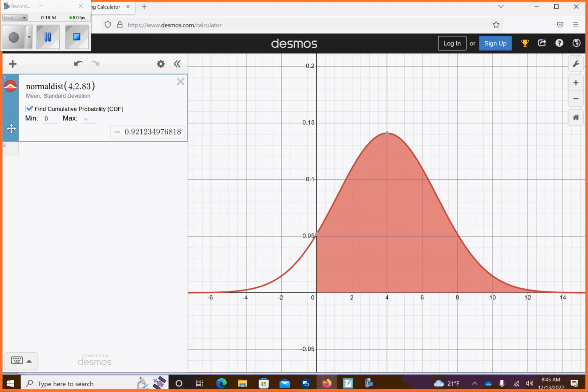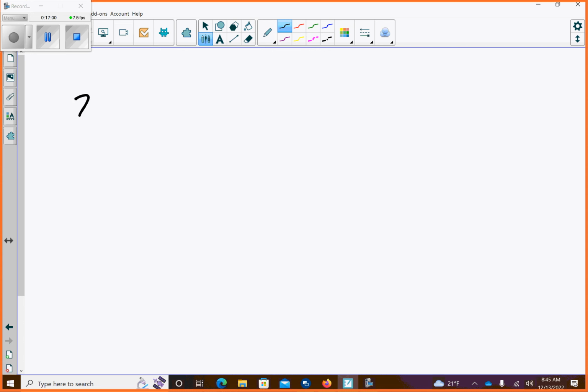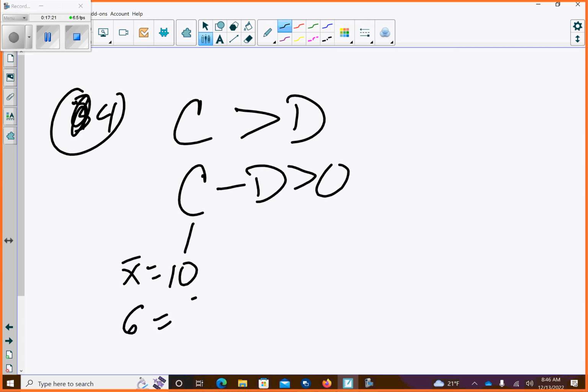What is the probability that task C, so then this is still from number 3, so this is number 4, excuse me. We're going to say that C will take longer than D, so realize that C minus D is greater than 0. So the mean of C is 10. Standard deviation is 3.